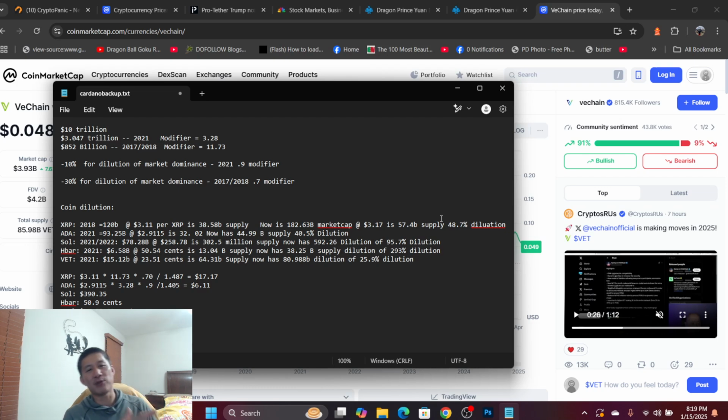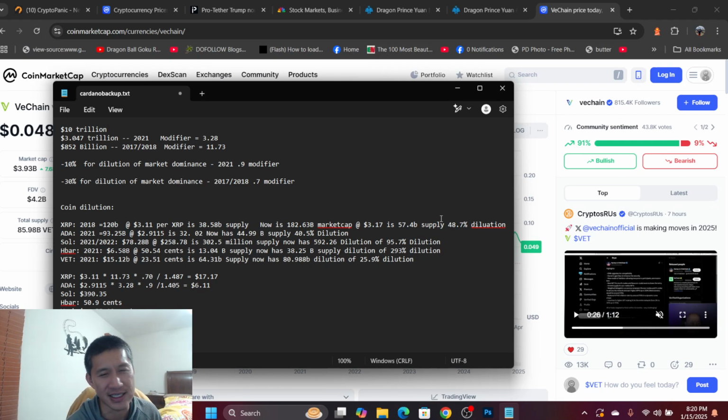And in terms of the market dominance dilution, there are a lot more coins now than in 2017, 2018, and still more than in 2021. So there's going to be a penalty multiplier, and XRP's penalty multiplier is going to be a little greater as well because it's been longer since the data I'm retrieving for XRP. The modifier I'm going to be using is 0.9 for 2021 and 0.7 for 2017, 2018.